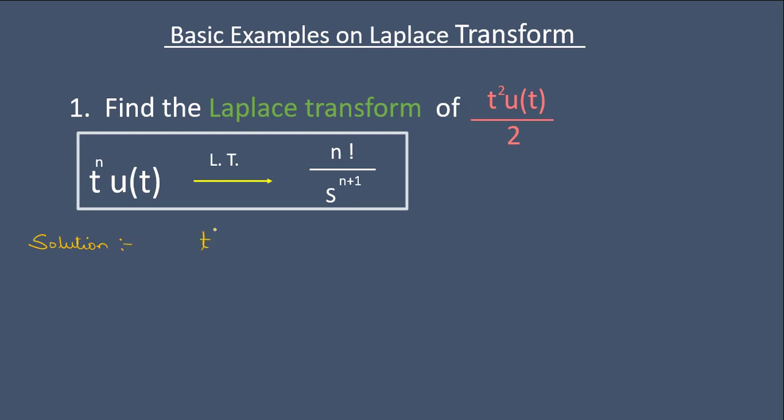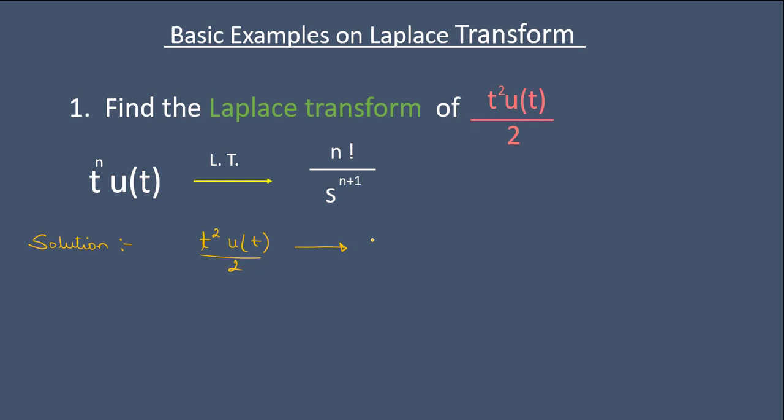So I can write that the Laplace transform of t square u of t upon 2 will be n factorial, where n is 2, so 2 factorial upon s raised to 2 plus 1, into 1 by 2. I write this 1 by 2 as it is, into 2 factorial, which is 2, upon s cube.